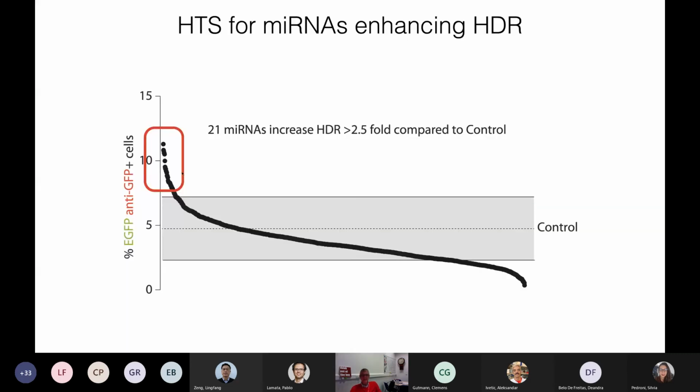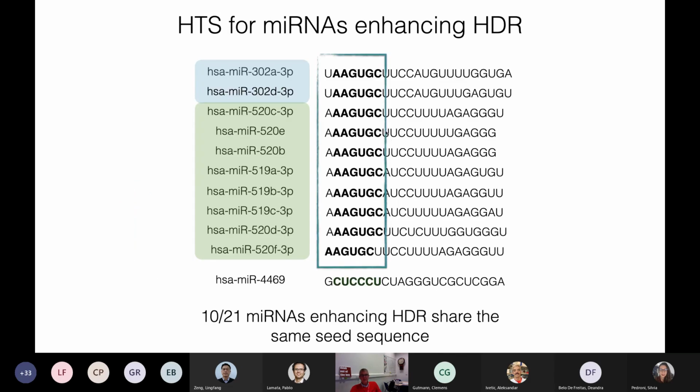In this screen we screened a bit more than 2,000 microRNAs. We found only 21 that were effective, and it was very interesting to see that 10 of these had exactly the same seed sequence. This is a very strong indication in screening that we are hitting something really important, because having the same seed sequence means that they all work through a common mechanism.